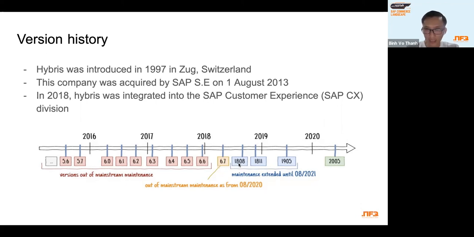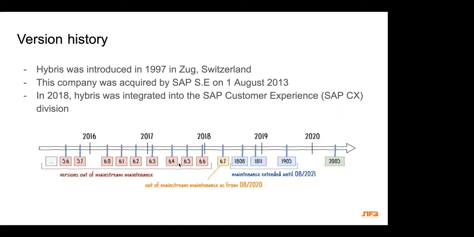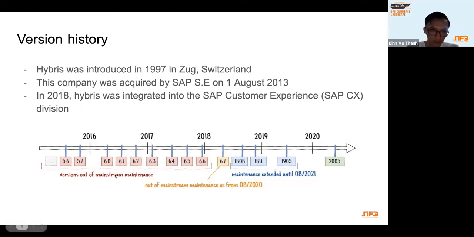For example 18.08: 18 means 2018, and 08 means the month this version was released. So the newest version is 2011, but it doesn't appear on this slide. And some previous versions are out of maintenance right now.